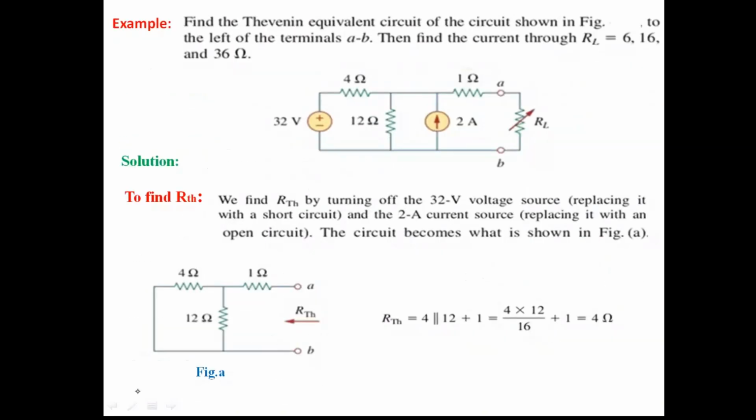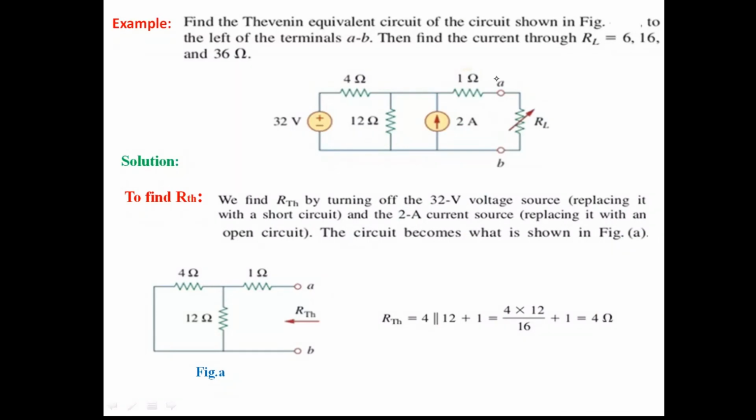And after finding the Thevenin's equivalent, you have to find the current through RL, this load resistance, when the RL value is 6, 16, and 36 ohms.